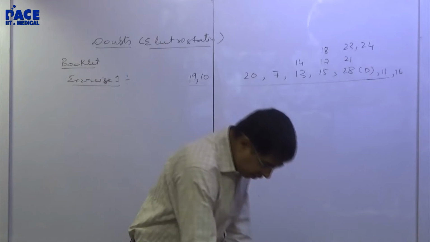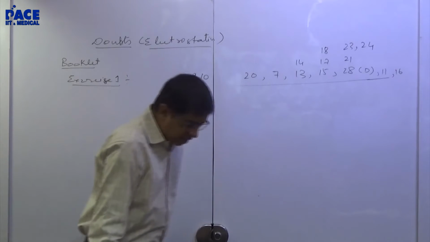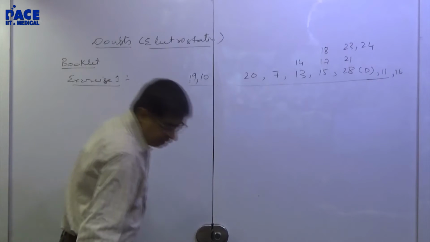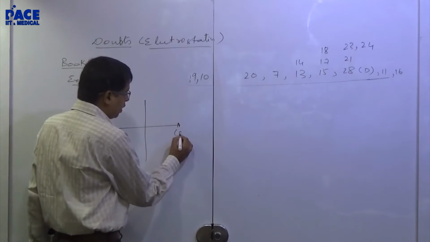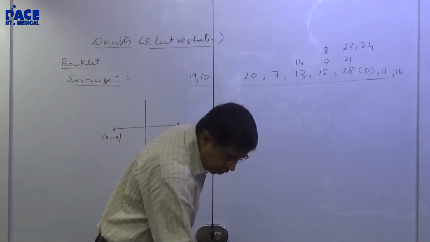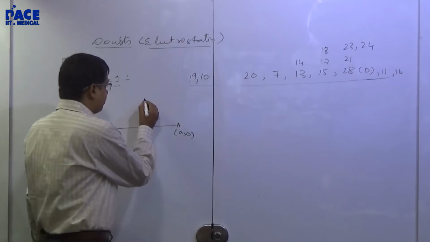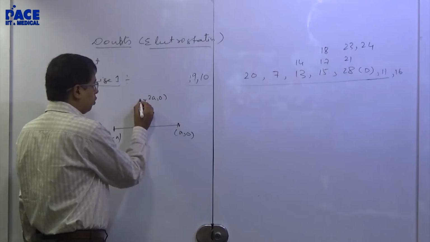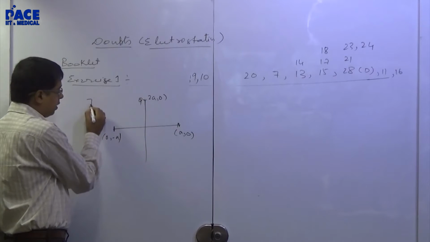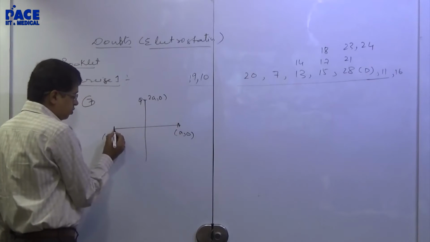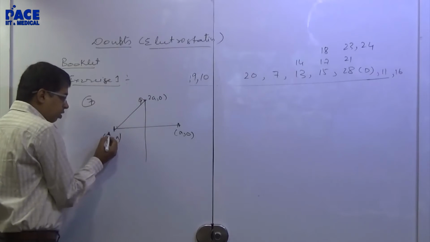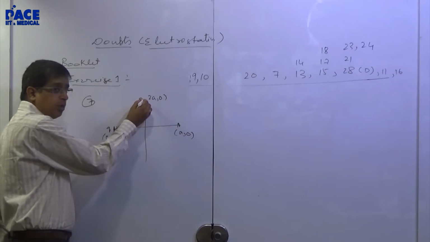Question number 7. Two equal negative charges are fixed at the points A comma 0 and 0 comma minus A. A positive charge Q is released from 2A comma 0. Please find out the potential here because of this and this.